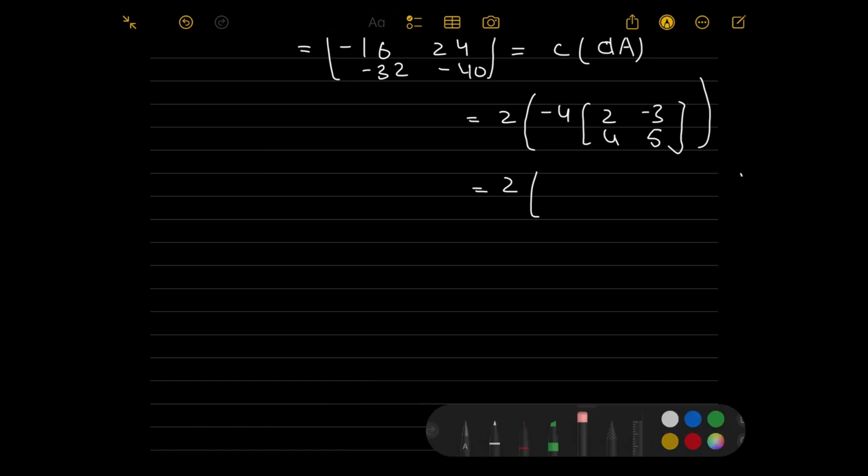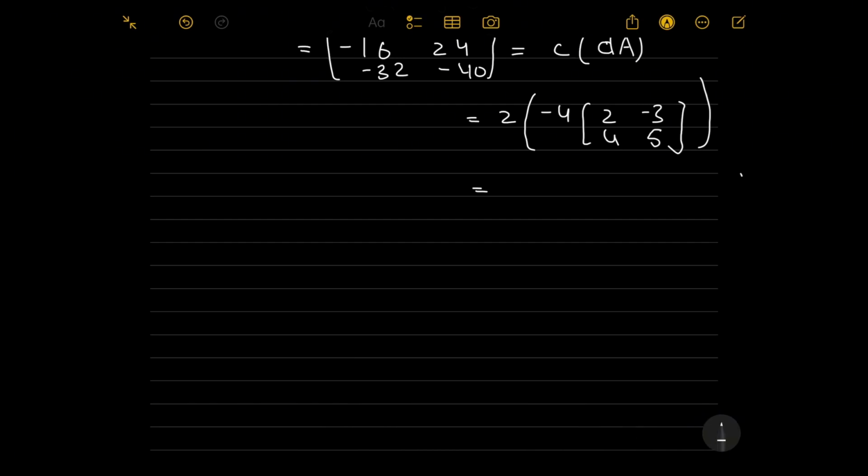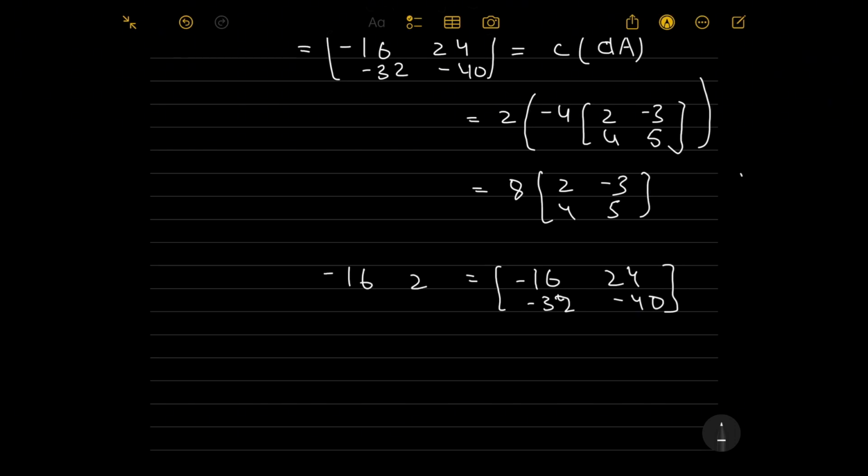That would be easier. So 8 into 2, minus 3, 4, and 5. Multiplying 8, minus 16, 24, minus 32, and minus 40. So left hand side equals right hand side. So this is also proved.